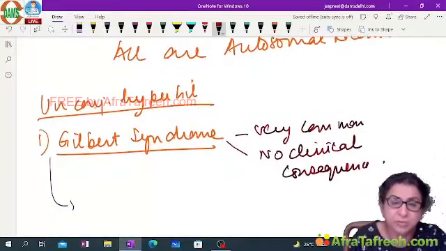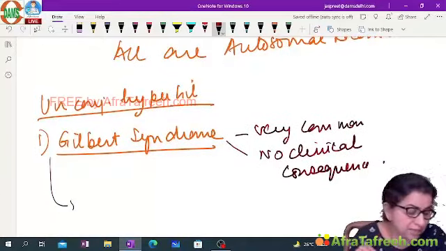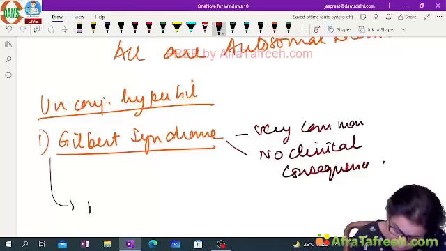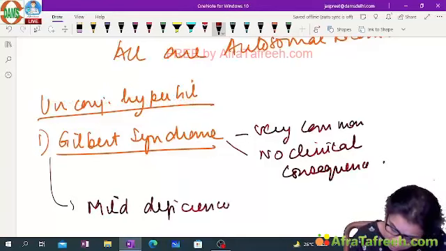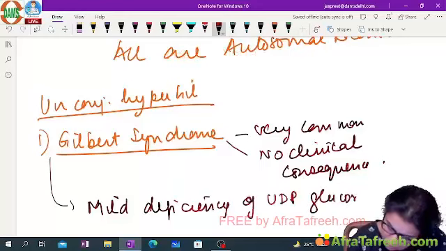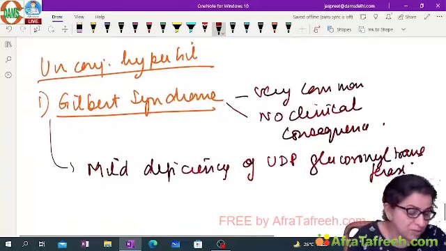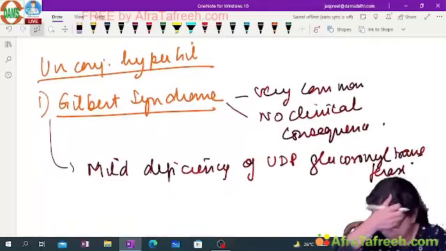In Gilbert syndrome, it's an autosomal recessive disorder, and in this disorder, there is mild deficiency of UDP glucuronosyltransferase. So the conjugating enzyme UDP glucuronosyltransferase is mildly deficient.